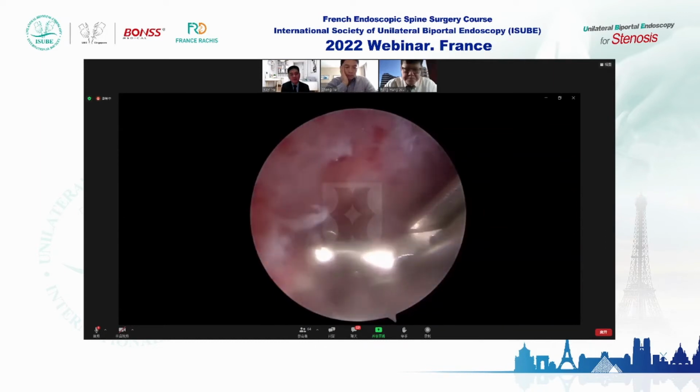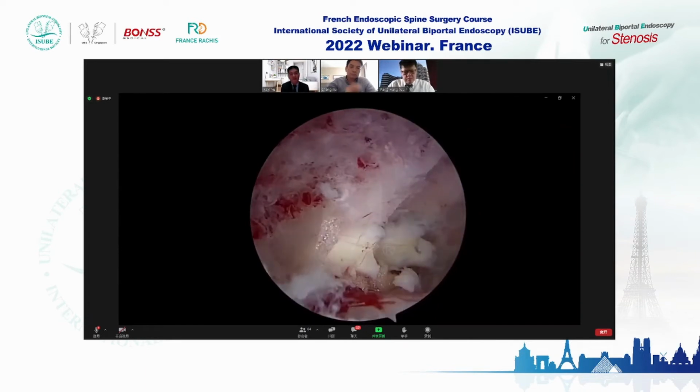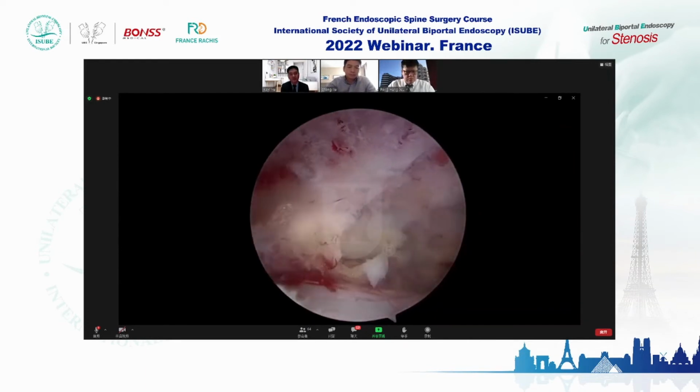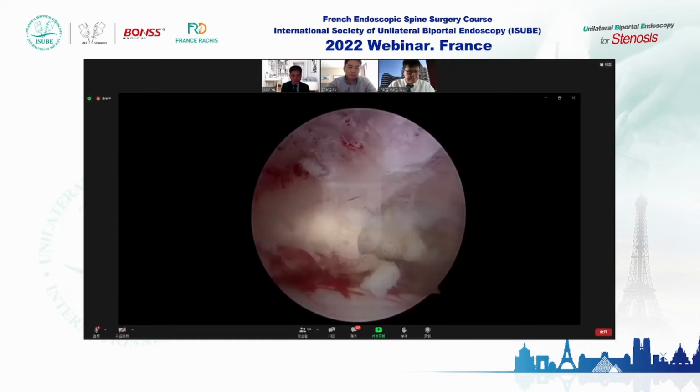So they are all important landmarks. You can see the tip of the SAP and the foraminal area flavum ligament.